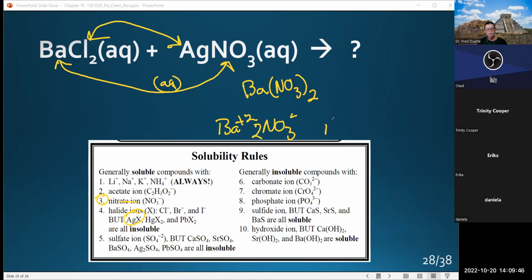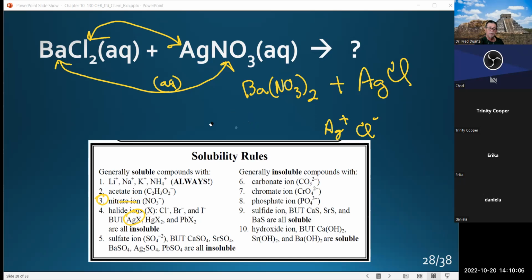And then we got the silver, which is always a +1, and the chlorides, which are always a -1. So I can put those together as 1-to-1. Okay. All right. So it takes care of that. Remember to first write them out in ionic form.